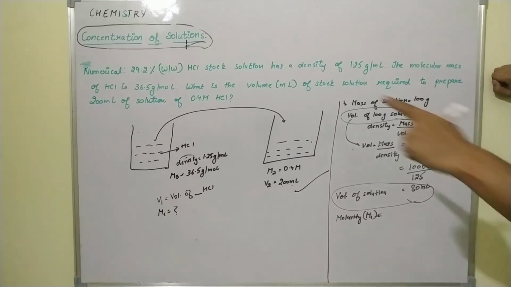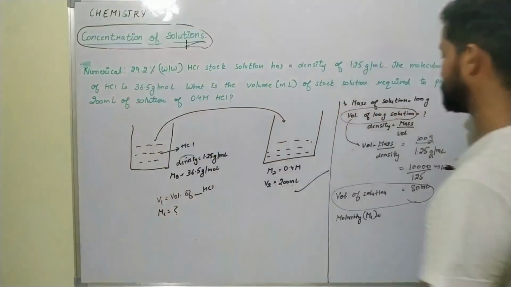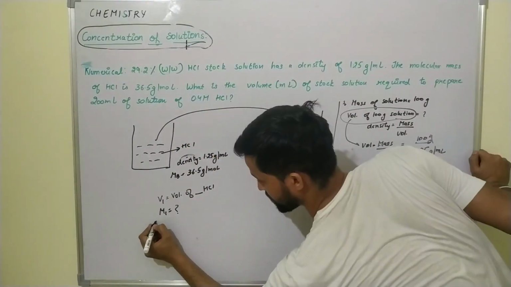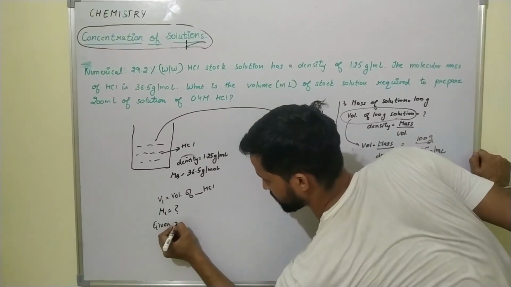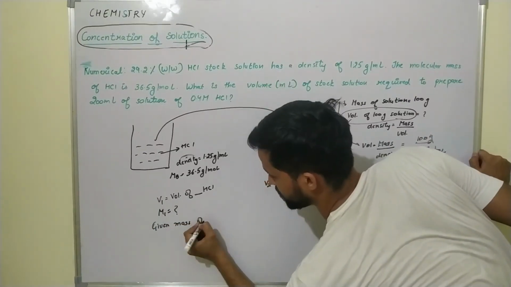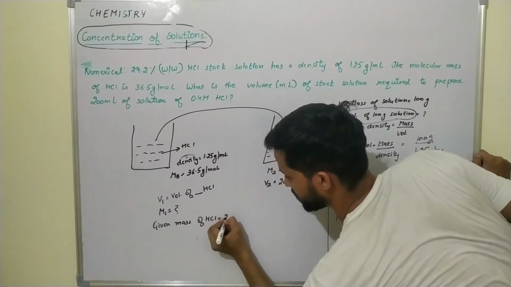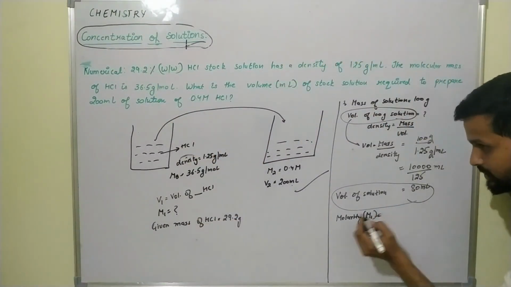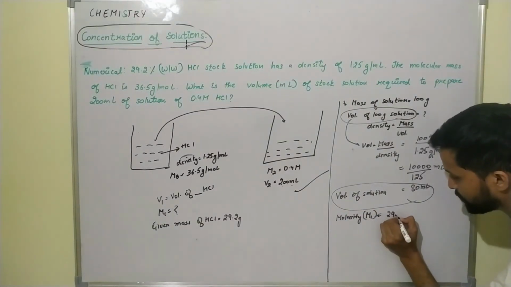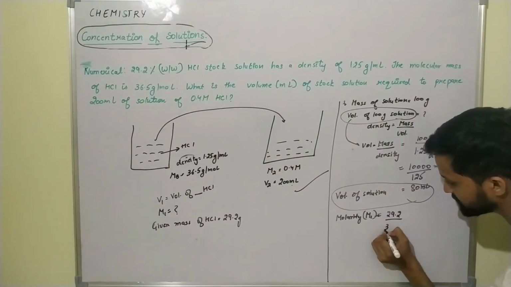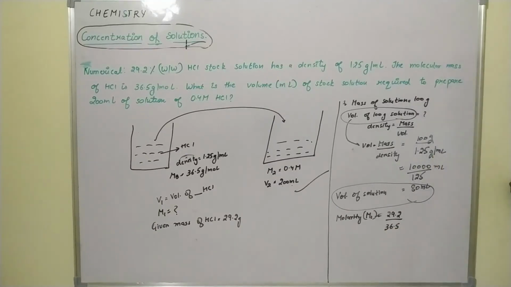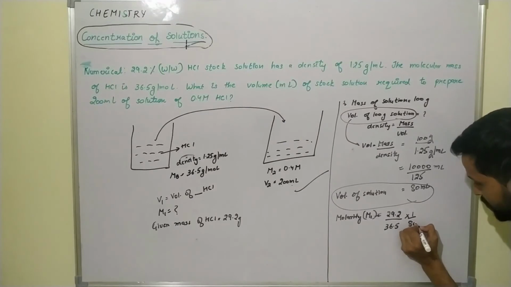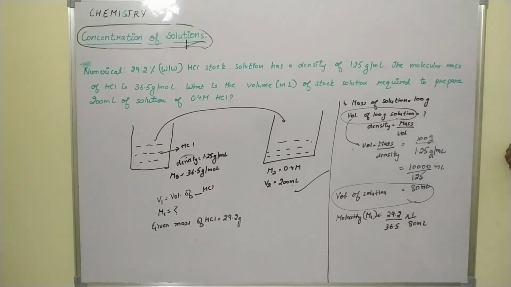The given mass of HCl is 29.2 gram, because here they have written weight by weight. What is the molar mass? 36.5. Clear? And what is the volume? So here volume is 80 ml.